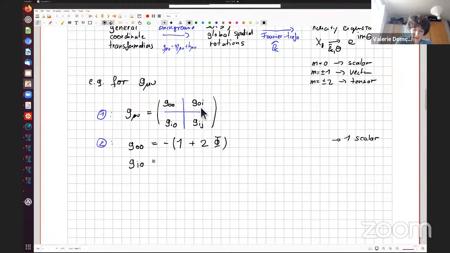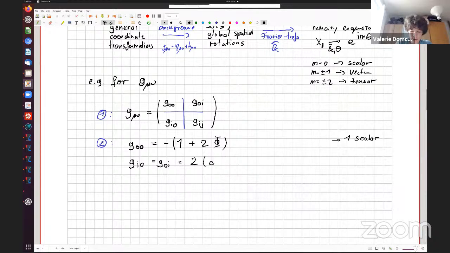So we do this with this mixed component here. This is the same because this is symmetric, the same as this, right? If we just had flat space-time, this would be 0, right? The metric tensor is diagonal, so there's no leading order term, there's only perturbations. And now we need something which gives me one spatial index, right?